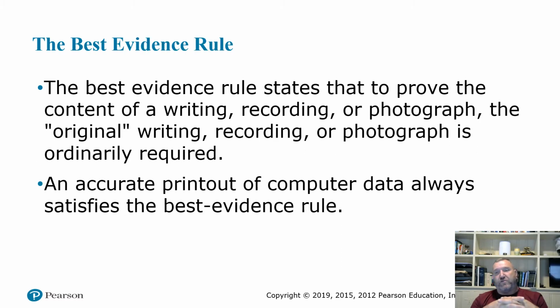So the best evidence rule states that to prove the content of a writing, recording, or photograph, the original writing, recording, or photograph is required. In the computer world, best evidence is to image that item and make an exact copy of it for your analysis or exploitation. This is the best rule of evidence in computers.